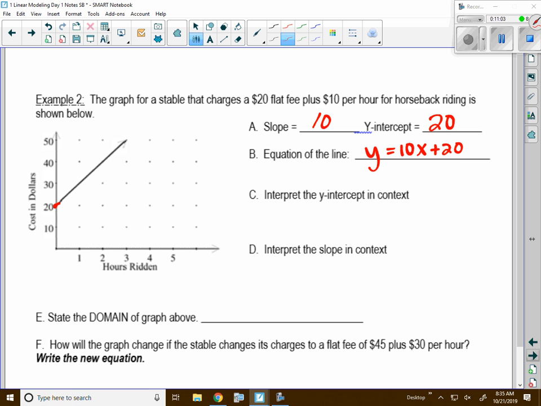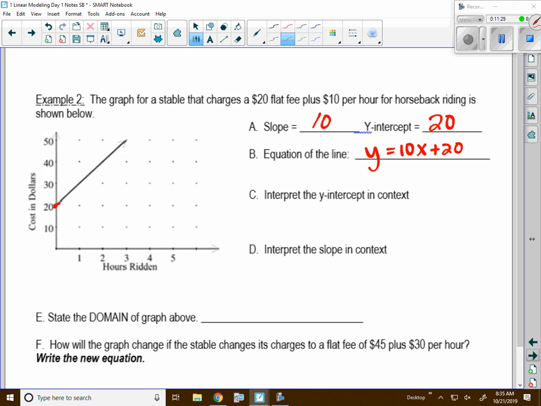What do you think that $20 is for? Maybe the cost of paperwork, or maybe that $20 flat fee is kind of like the cost for hay. I don't know, but they're taking $20 for some reason and then adding that 10 each time. So if you still rode 0 hours but you signed up, you paid $20.